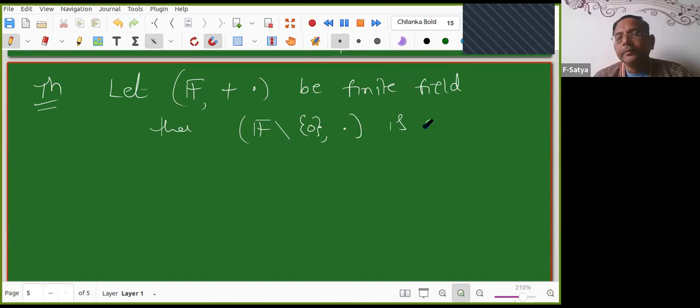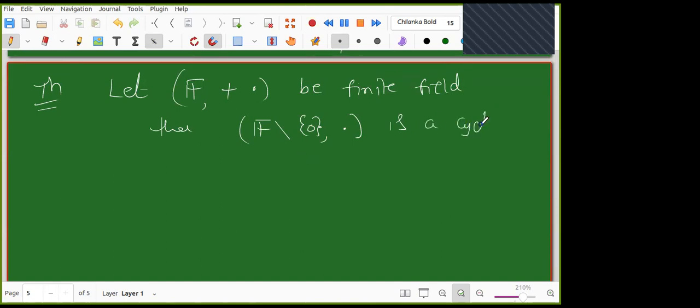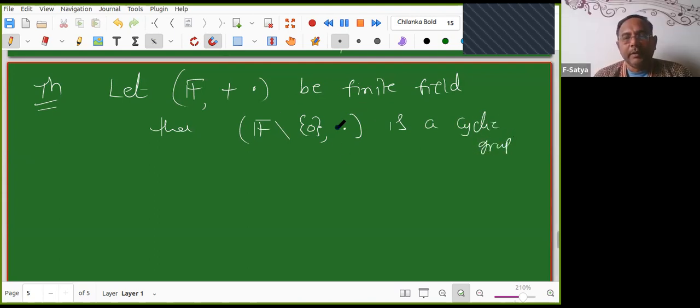Is it a cyclic group? That is one of the beautiful parts. F, plus, dot is a finite field. In a finite field, if I remove 0, with respect to multiplication it is a cyclic group.